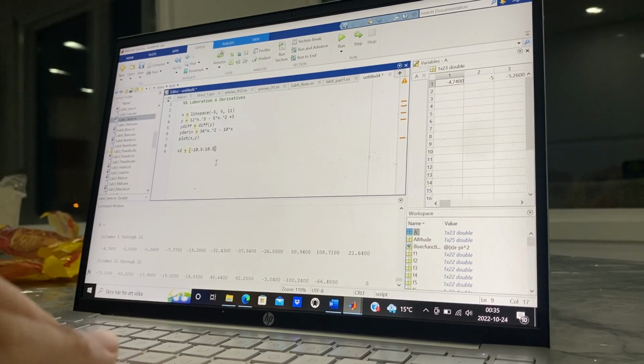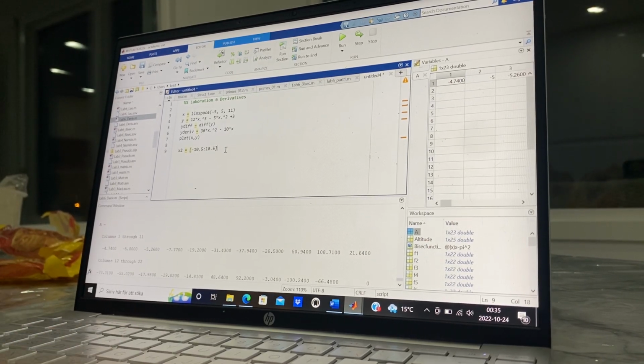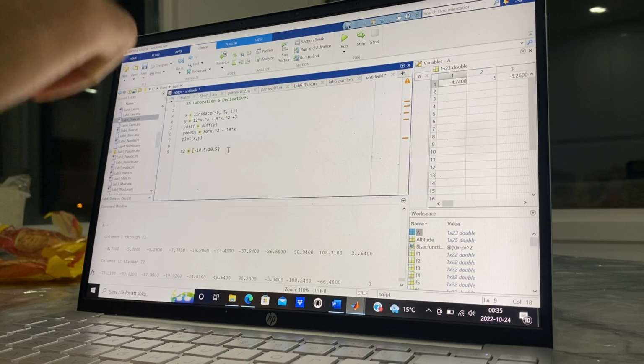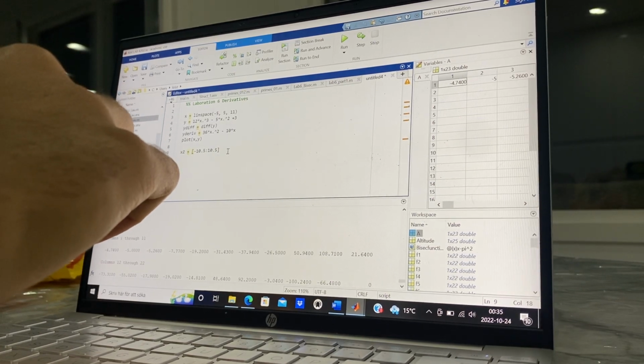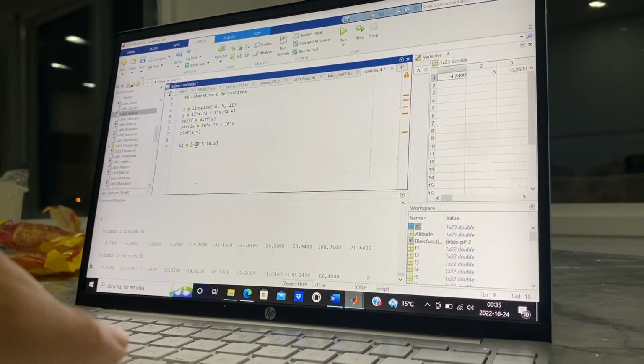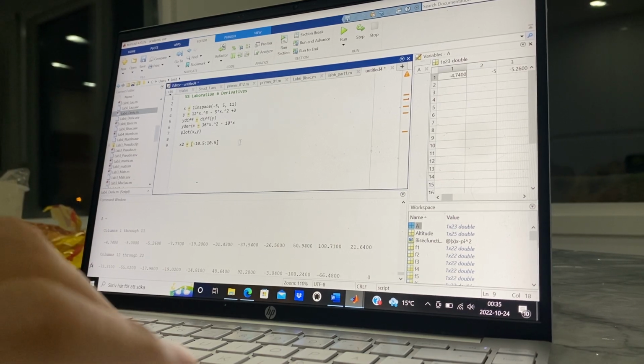So we get one step in between each higher step. It increases by one for each step that goes up.